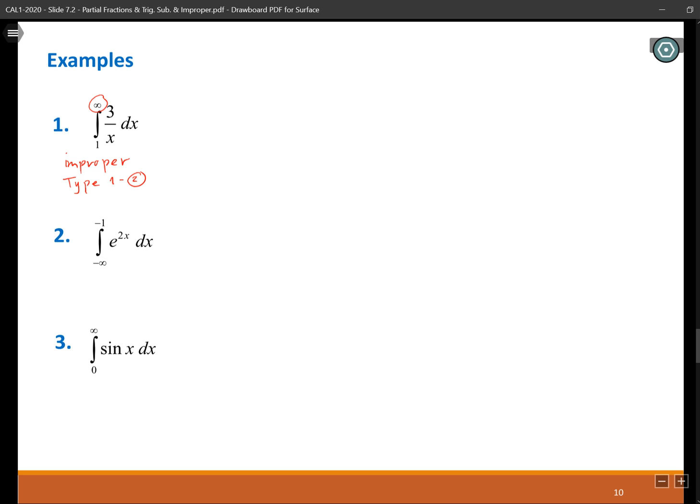Okay, so the first thing I'm going to do here is change the notation from having infinity in the integral to having a limit instead. I need to save some space, so I'm going to start here. Instead of putting the infinity into the integral, I'm going to do something different.